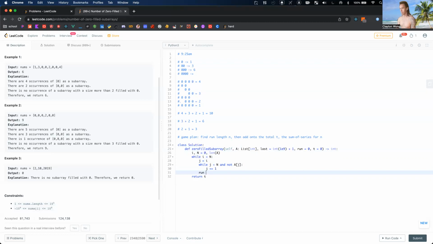The run length then, we just call it n is fine. n equals j minus i. So if it doesn't go anywhere, it's 0, which is fine. i equals j plus 1.